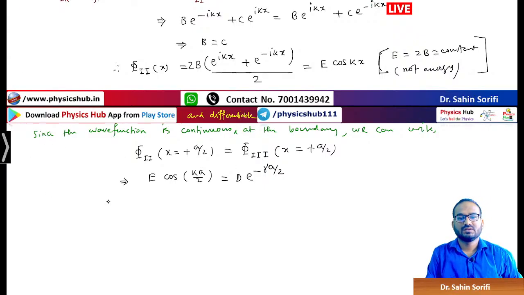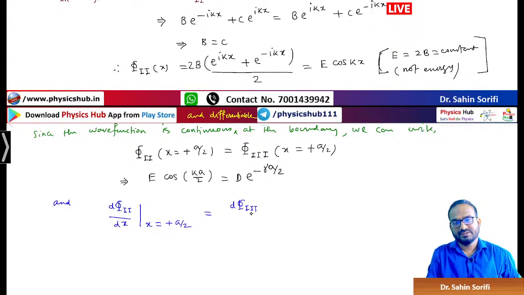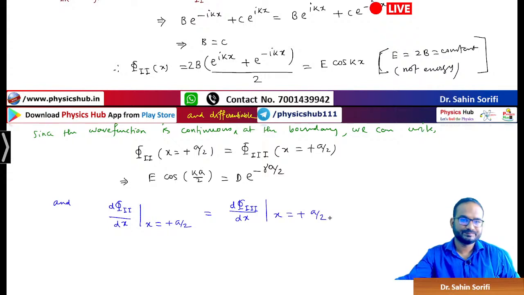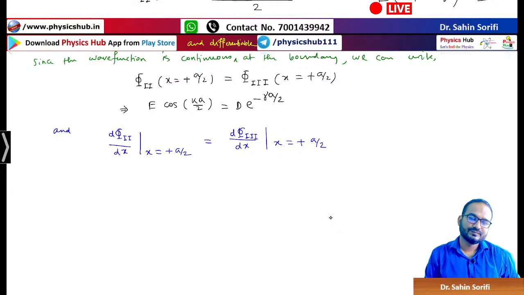What about the differentiability? d phi 2 by dx at x equals plus a by 2 must be equal to d phi 3 by dx at x equals plus a by 2. So what we can write?